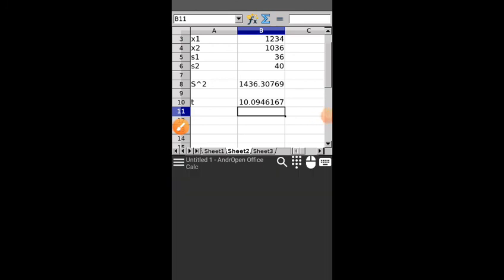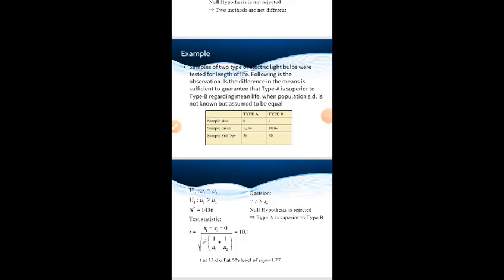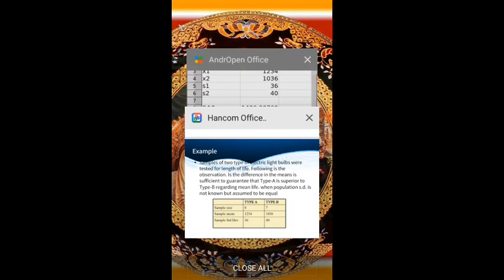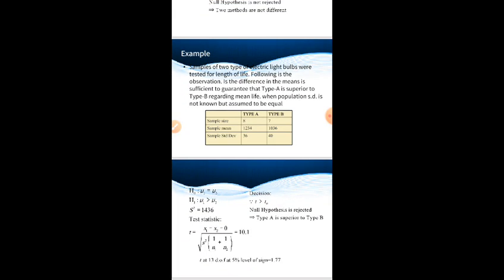So 10.1 is the rounded off value. This is how we calculate it in the Excel sheet, and then the decision can be made: the null hypothesis is rejected because the value is much more than the standard t at 13 degrees of freedom at 5% level of significance, which is 1.77.